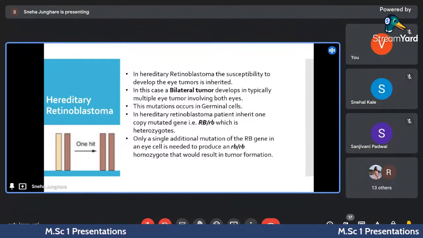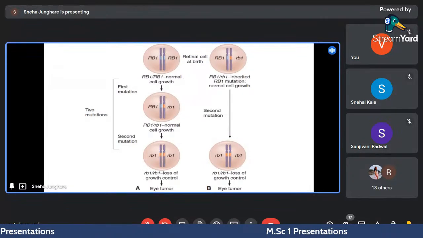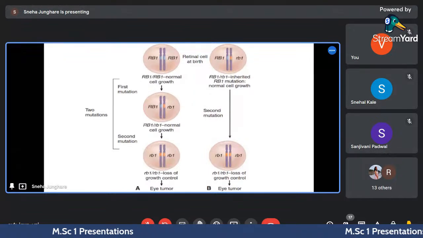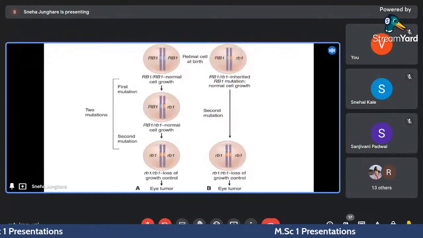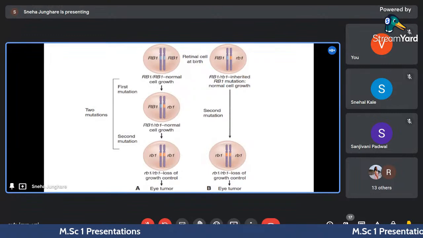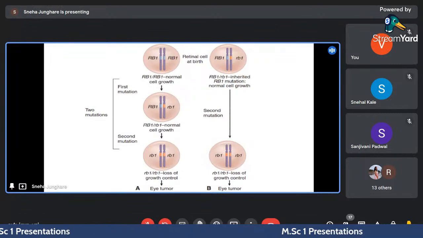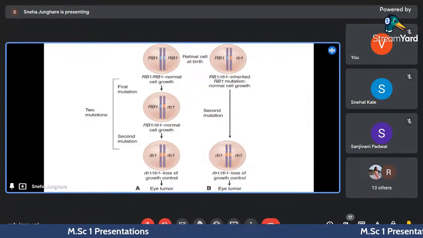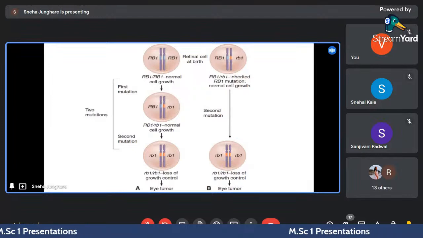So here we can see in sporadic retinoblastoma, the child is born with two wild type copies of the retinoblastoma gene, whose genotype is homozygous, where cell growth is normal. The first mutation produces a heterozygous cell.